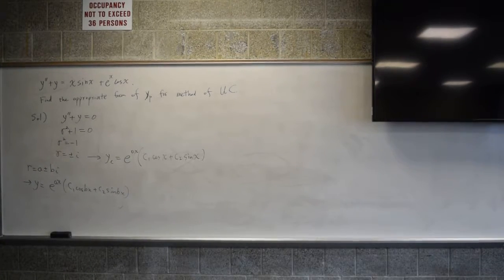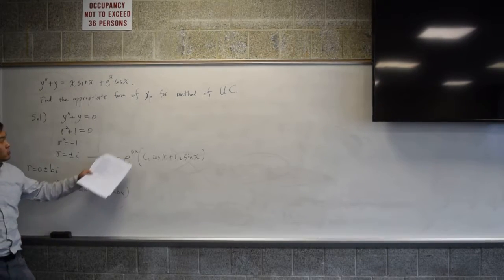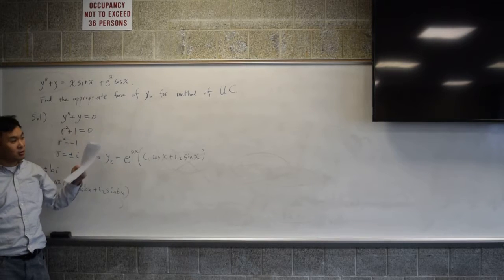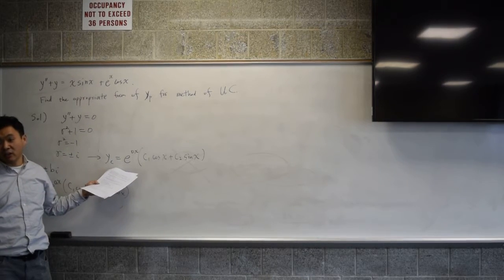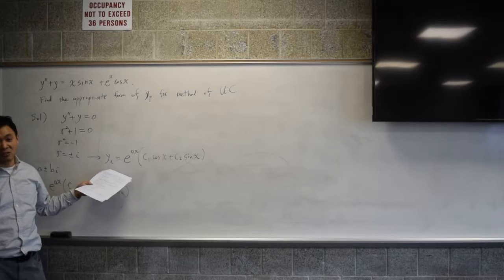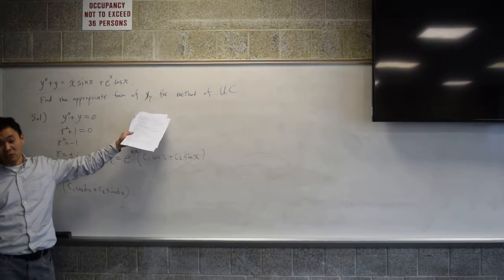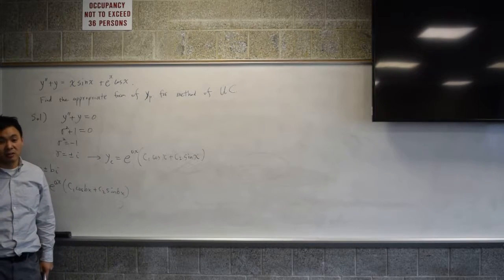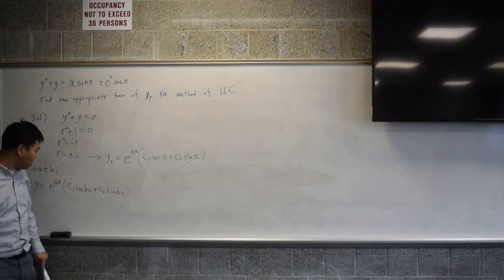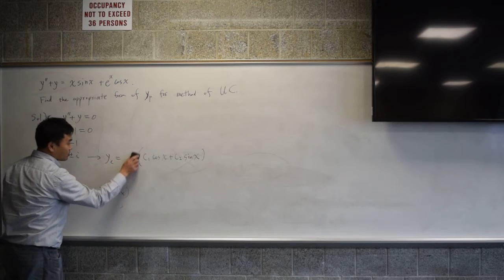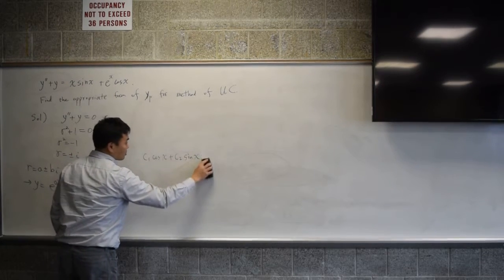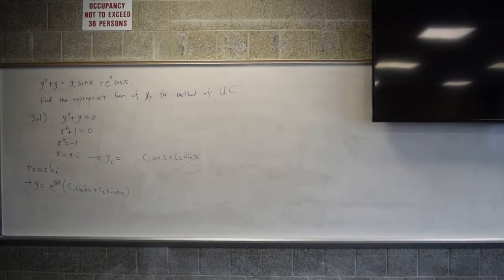Okay? So that's the complementary. Why do we need the complementary to find the particular? Because we have to check for duplication. Duplication is this horrible issue when you use the method of undetermined coefficients, right? Yes? Would you want us to keep the e to the 0x, or could we just... Oh, no, of course, you should delete it now. So that's the complementary, okay?